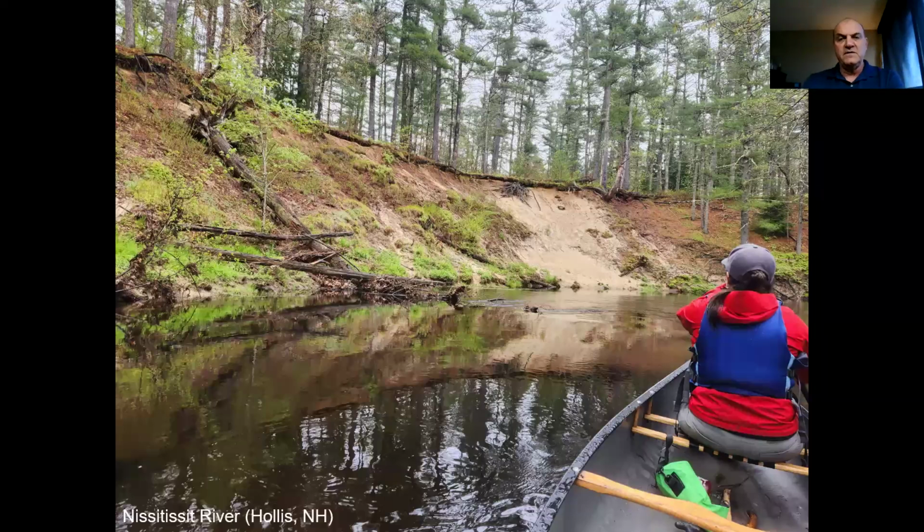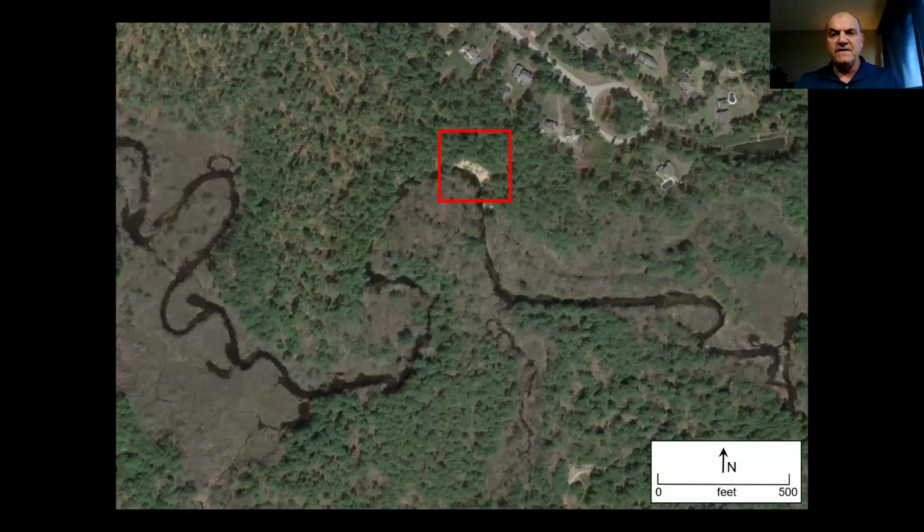This is a wild and scenic river. Here's a steep, high eroding bank. And so, does this need stabilization? If it does, what technique might we use? Here's an aerial photograph of this site. The erosion I just showed you is the whiter tone on the aerial photograph here. There are some homes, but they're 300 feet away.